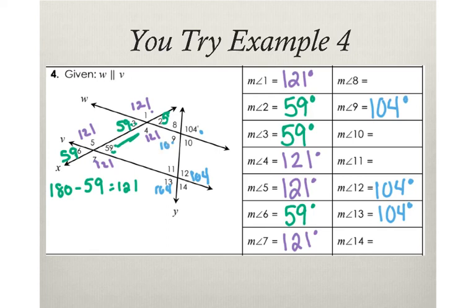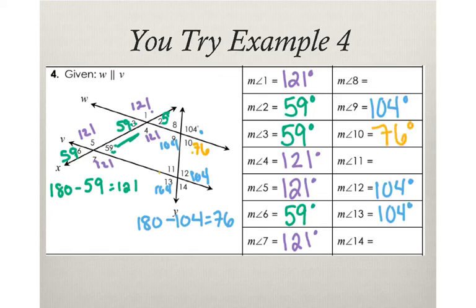Okay. So now what's going to end up happening is I'm going to have to use my rule of supplementary in order to get what the other angles are going to be. So I'm going to have to do 180 minus 104, which gives me 76. Now using that, I'm going to go 76 for angle 10.